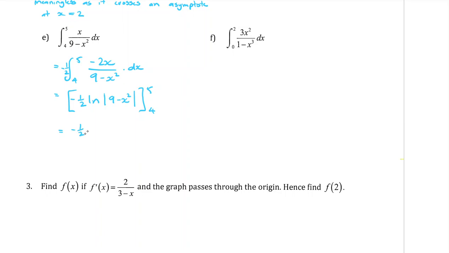So negative a half ln, sub the 5 in. 9 minus 25 is negative 16, but absolute value positive 16. Then minus, actually, so plus half ln, sub the 4 in. 9 minus 16, negative 7, so positive 7.